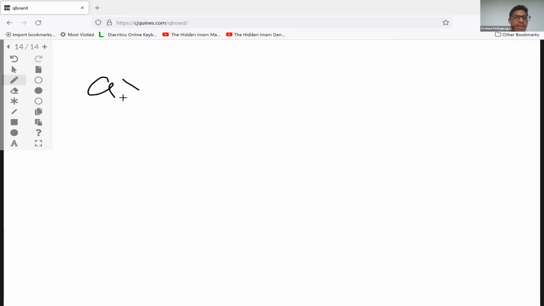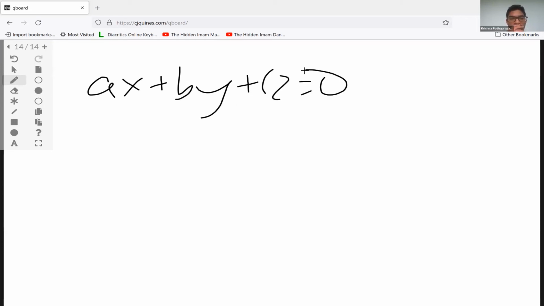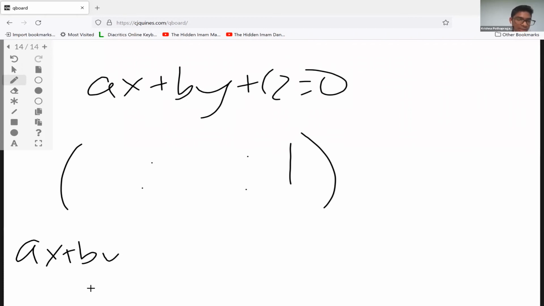So if we have a line ax plus by plus cz equals 0, let's see if I got this. Then we can define this as 1. Let's see if I actually can do math for a second. 0.